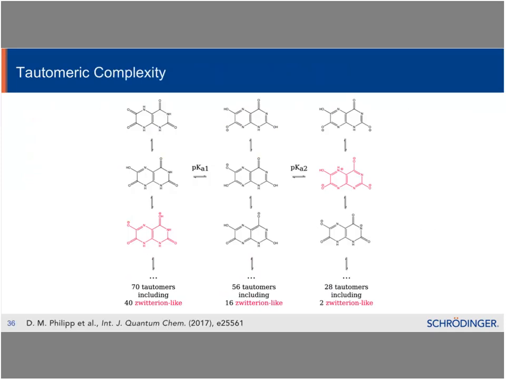Because here is an example of a molecule that actually exists in only one, maybe two, tautomers in solution that are sufficiently highly populated. But this molecule contains multiple tautomers in charge 0, charge -1, and charge -2. For example, here we have 70 tautomers.